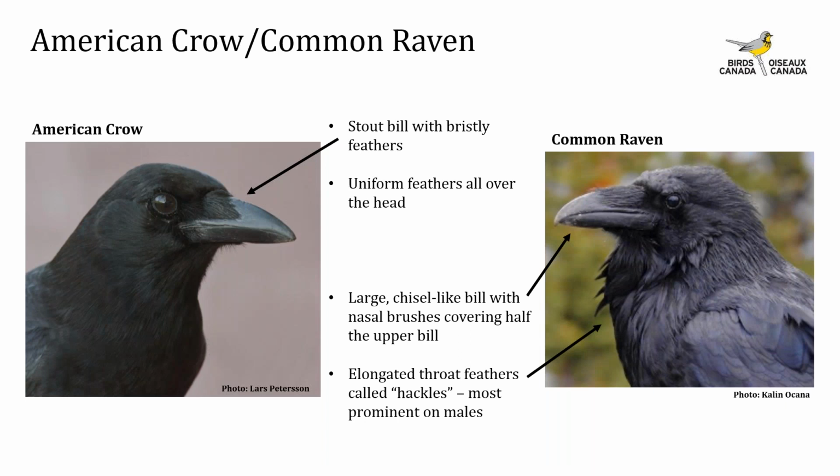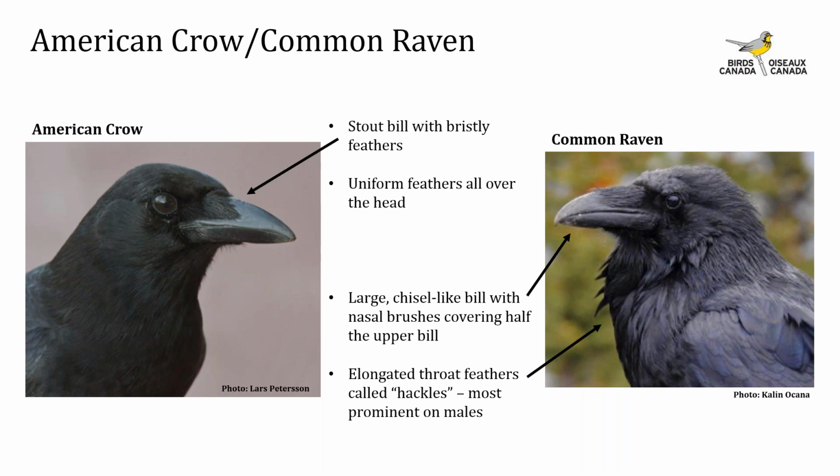So the features to best use to tell the difference between the crow and the raven, besides their size, are features on the head. The crow has a stout bill with bristly feathers near the base of the bill, and uniform feathers over the head, nape, and throat. On the other hand, the ravens have a large chisel-like bill with nasal bristles that cover about half of their upper bill.